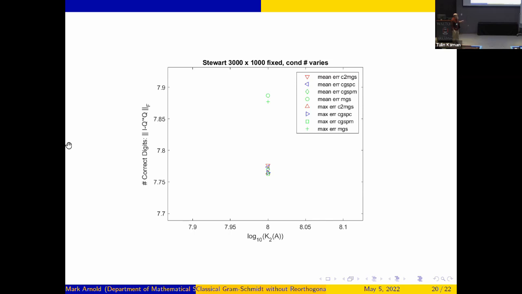So I'm using that as a normal set for the experiment. And it looks like it's doing much better, and it is doing better, but look at the difference. We got about 7.88 digits of accuracy versus 7.78 digits of accuracy, about 1/10 of a decimal digit difference in the orthogonality error here. And so it's essentially the same level of orthogonality as modified Gram-Schmidt.